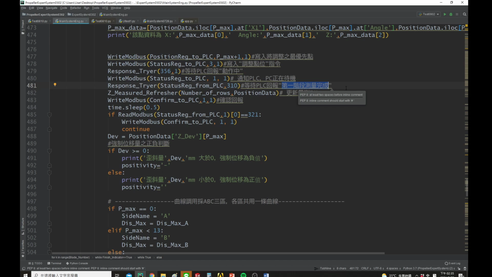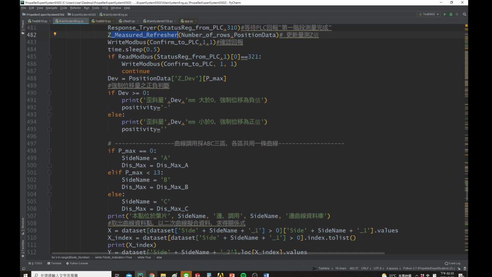The first stage is measured, right? And then if it's done, we update the measured value of the deviation.